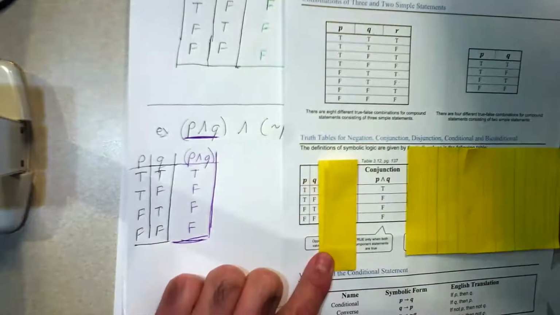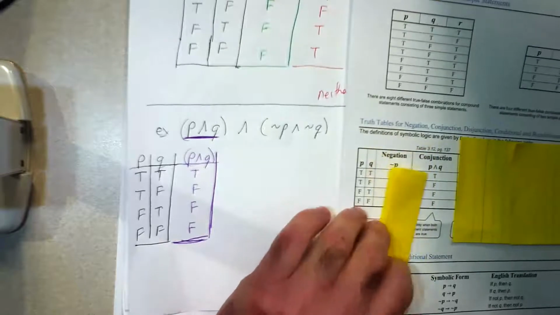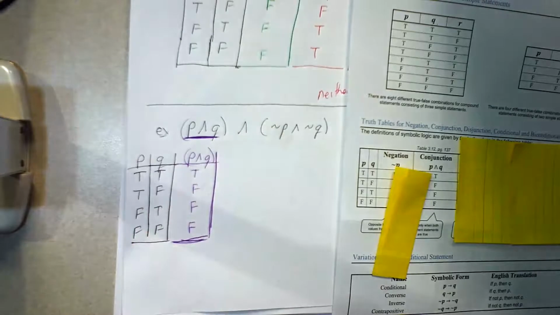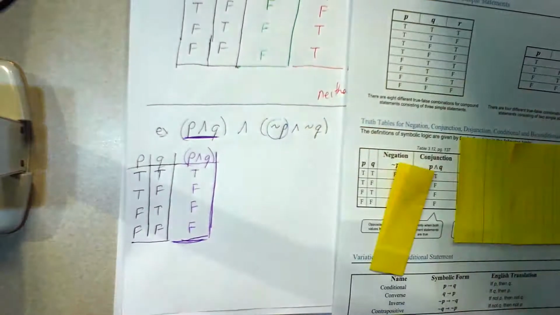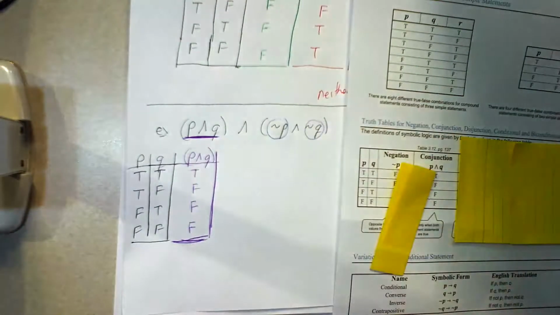All right, now if I want to do the inside of the other one, I'm going to have to do it in pieces. So I have to do this by itself and this one by itself. All right, so what do I have to do?